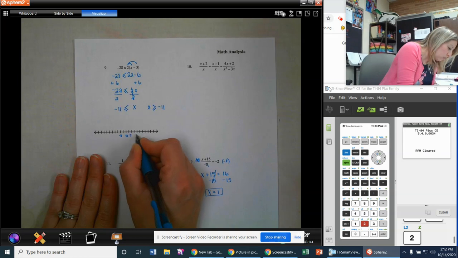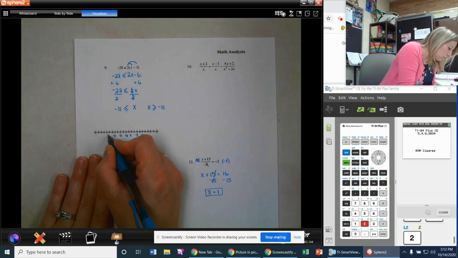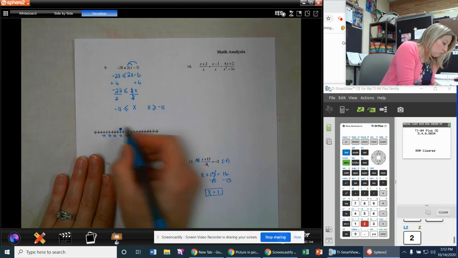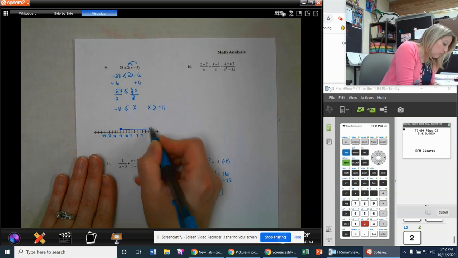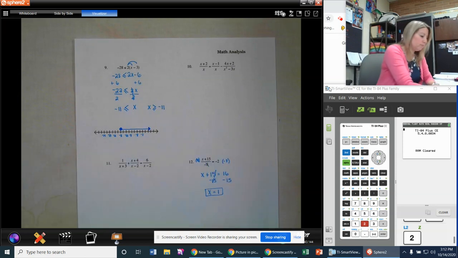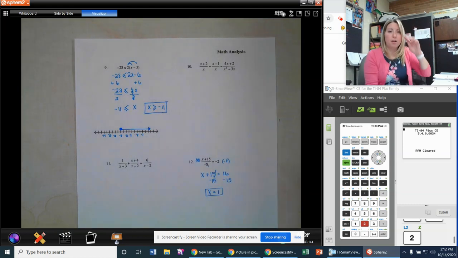Sorry, I started writing it in a weird place. Okay, now negative 11 gets a closed dot, and x is greater than or equal to negative 11. Cover all the things bigger than negative 11. So that's how I write my answers. I always write my variable on the left.